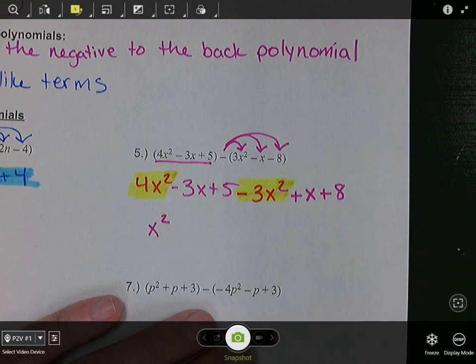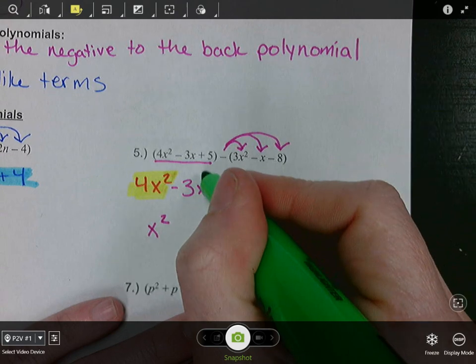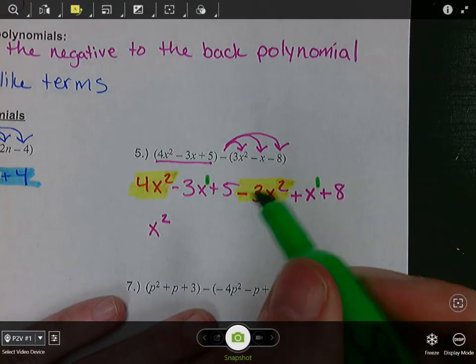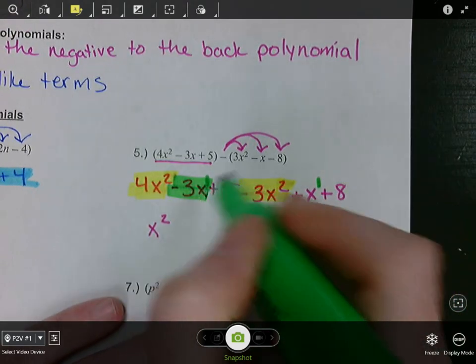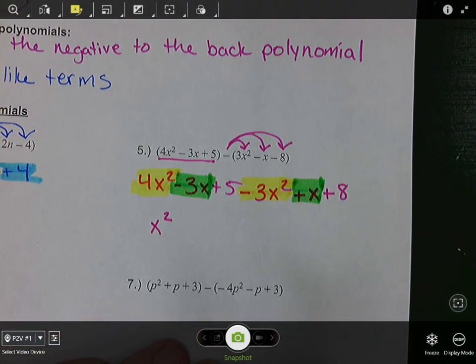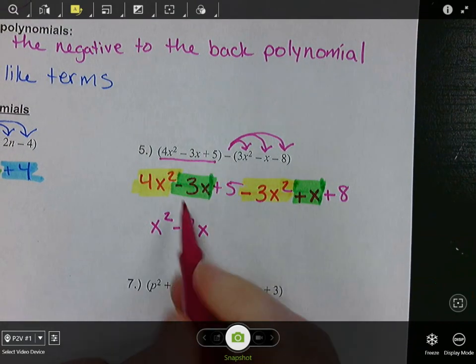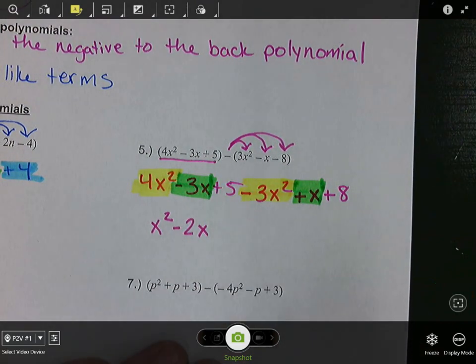All right, the next one has an exponent of 1, so this one and this one. So that's negative 3x plus positive x. What's negative 3x plus positive x? Negative 2x, perfect, because that's negative 3 plus 1, which is negative 2.